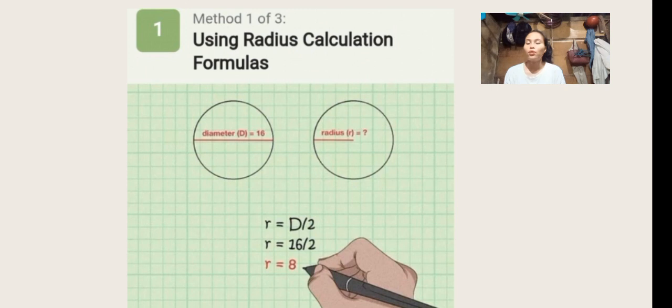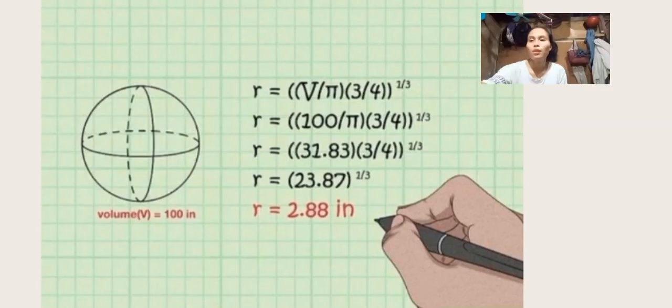Here is how to solve it: r equals d over 2. Since our value of d is 16, we substitute it in d: 16 over 2. 16 divided by 2 is equal to 8.